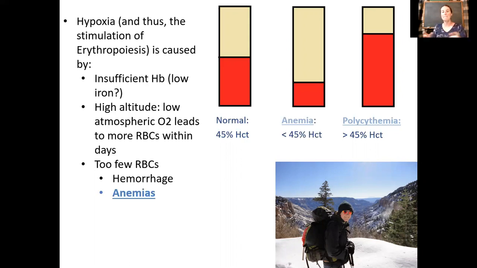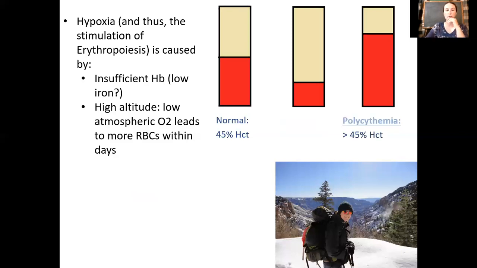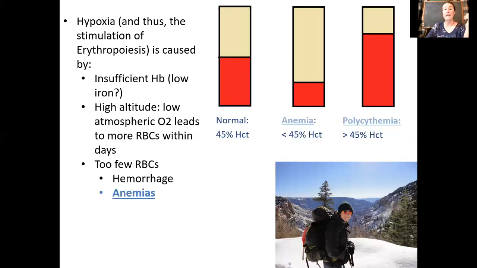Also, anemia. Hypoxia can be a side effect of anemia. Anemia is when we have less than the expected amount of red blood cells, and we can see here that there is a much higher plasma content than red blood cell content.